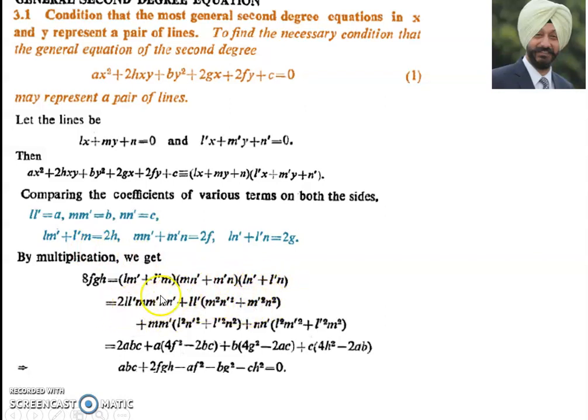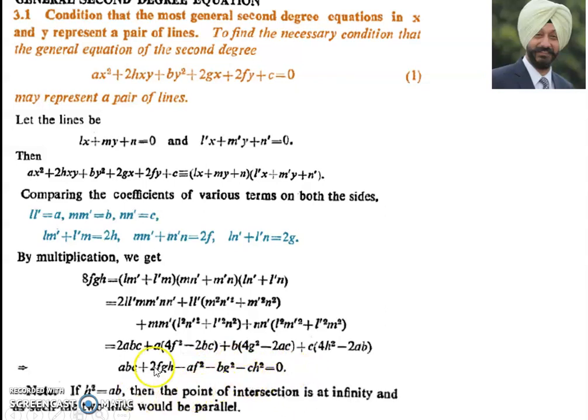On multiplying these three factors we got 2abc plus a into (4f square minus 2bc) plus b into (4g square minus 2ac) plus c into (4h square minus 2ab). That means abc plus 2fgh minus af square minus bg square minus ch square is equal to 0. This can be written in another form also.